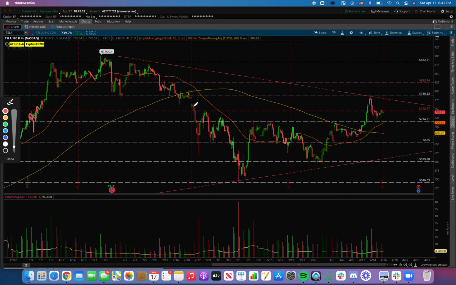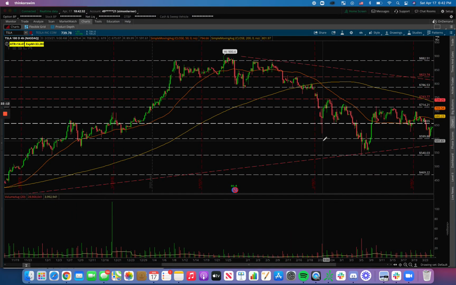Then we came back, started testing this level, broke through it, came back, retested this level and got rejected here, and now we finally broke through this level and came back, and now we're consolidating below this level, right? So in the future, this current week, for example, it can act as a level of resistance for us, right? And we can get rejected and turn back down, or we can break through it, test it as support, and start making higher highs. So this is where these levels start being important.